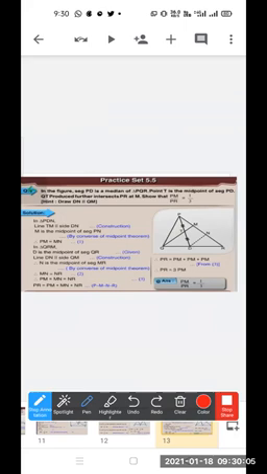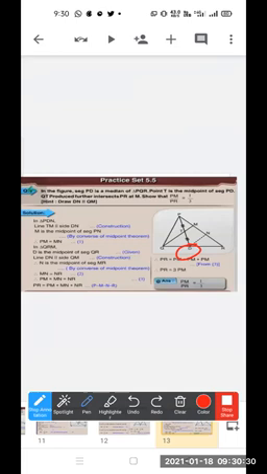Next we will consider triangle QRM. In that triangle, D is the midpoint. Why is it the midpoint? Given in the question, because PD is the median. So D is the midpoint of QR.